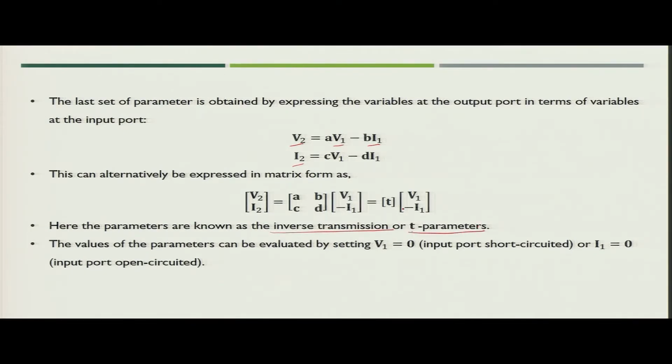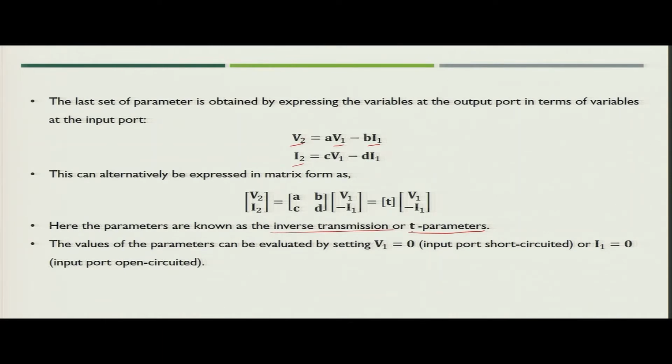We represent this relationship with small abcd because it is opposite to the capital ABCD parameters which we discussed till now, where we established the relationship of V1 and I1 with respect to V2 and I2. In this case, the relationship is V2 and I2 with respect to V1 and I1. So, here V1 and I1 are independent, V2 and I2 are dependent.